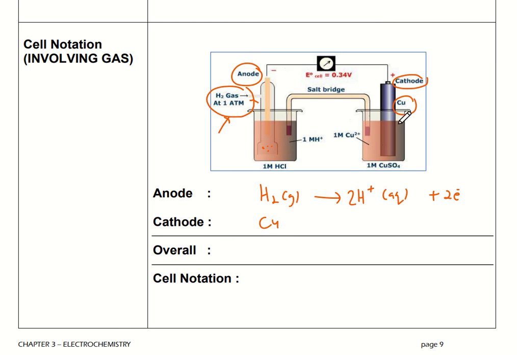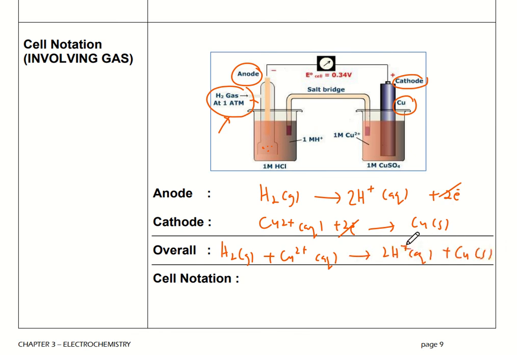The copper ion is copper 2 positive, so it gains 2 electrons to become copper solid. Then we balance. So hydrogen gas produces 2H plus aqueous plus copper solid from copper 2 positive aqueous. This is your overall equation.